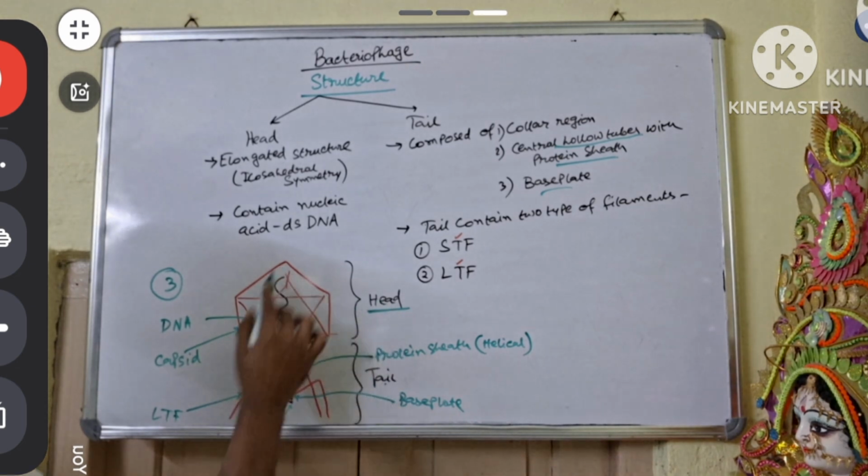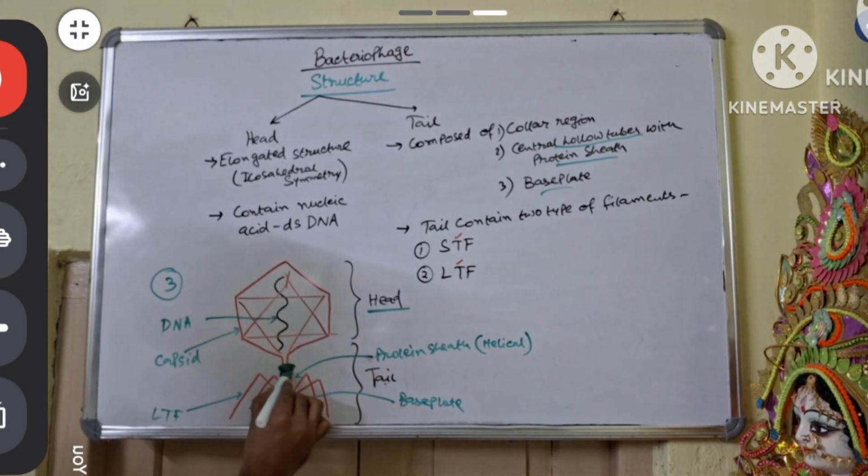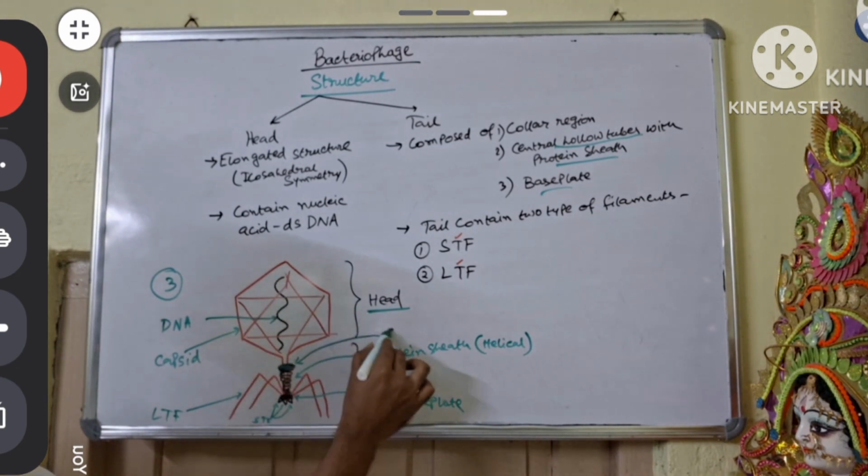The total tail structure and head structure are connected by another structure called collar region.